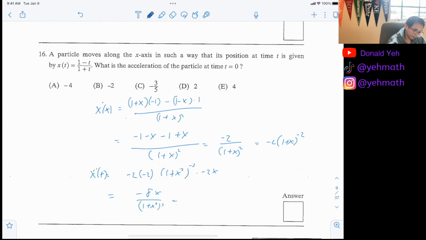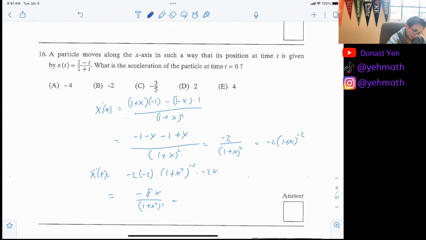Now I'm going to plug in 0. Wait, my answer is wrong. What happened? It should have been 1 plus x. But the numerator is 0, so I got the right answer. I think it's easier if you did a quotient rule for both of them. Oh, there's an x squared here. No, that's just 1 plus x. Hold on a second.